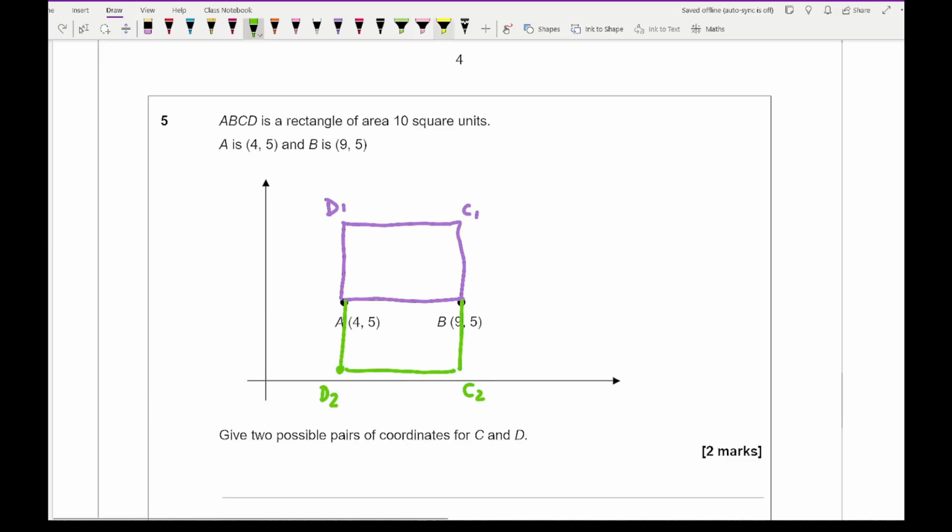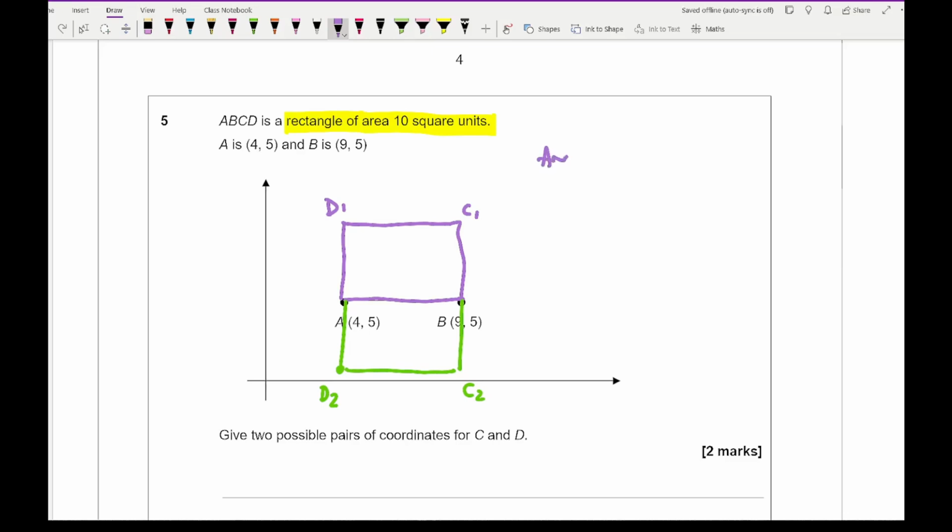Now one of the key facts that the question tells me is that the area of the rectangle is 10 square units. 10 square units doesn't mean it's a square, so try not to get confused. We don't know what units are used for that length, which is why they just call it square units.